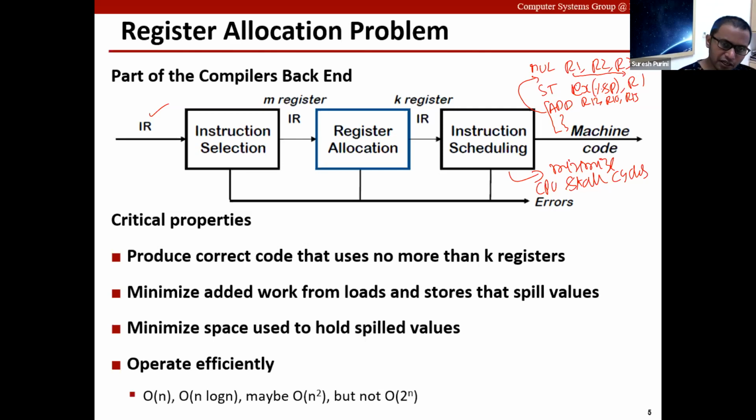It turns out that optimal register allocation is an NP complete problem, and so you cannot hope to get an optimal register allocation, but we can use suitable heuristics which do a very good job in practice.